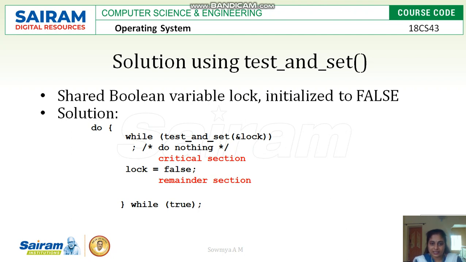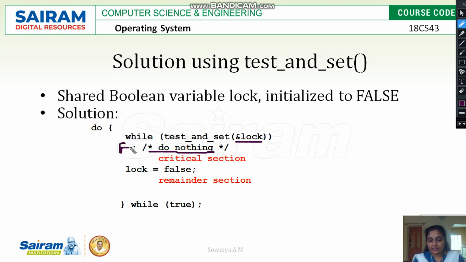While test and set is acquiring the lock, it does nothing, because the value passed is false, so the loop does nothing.